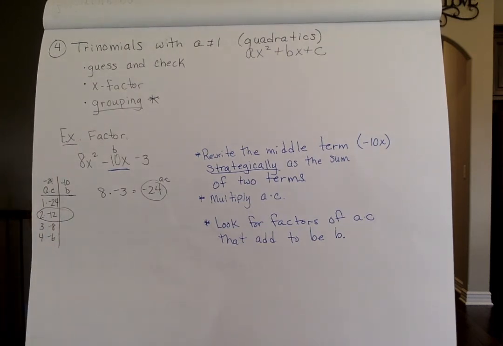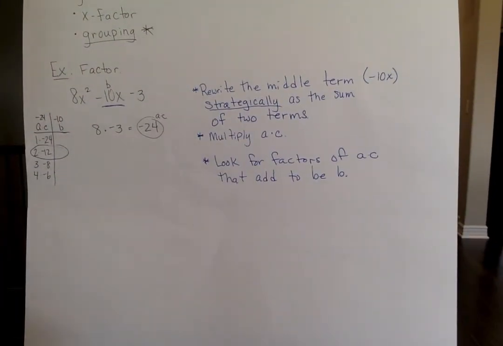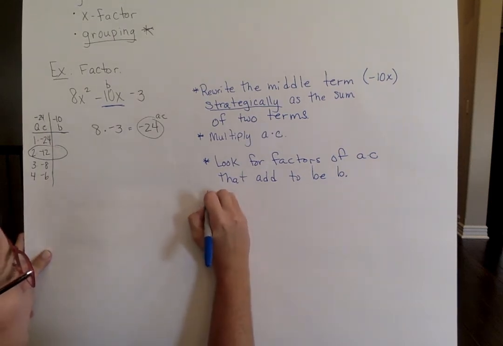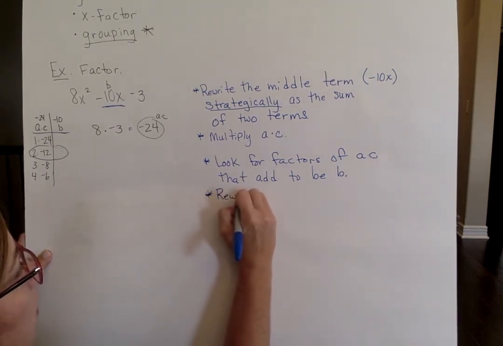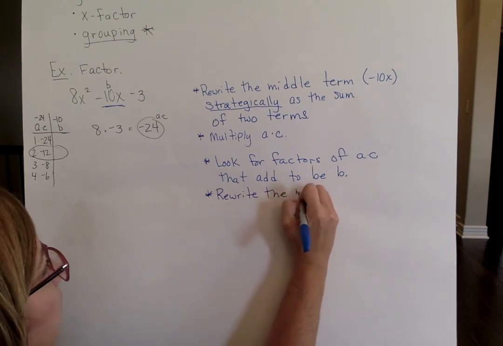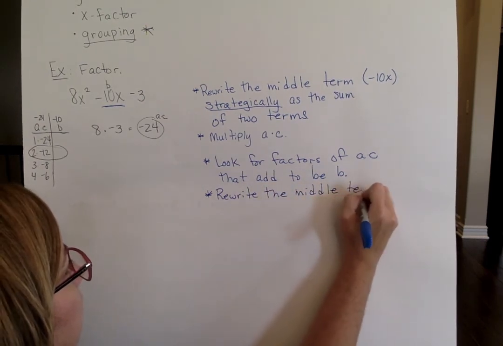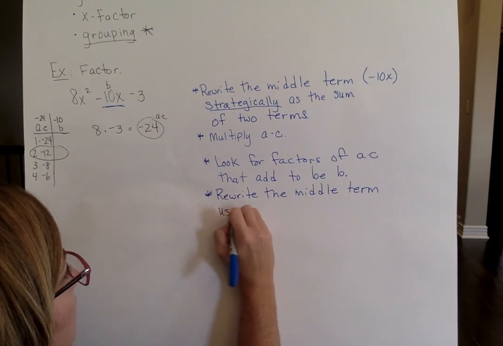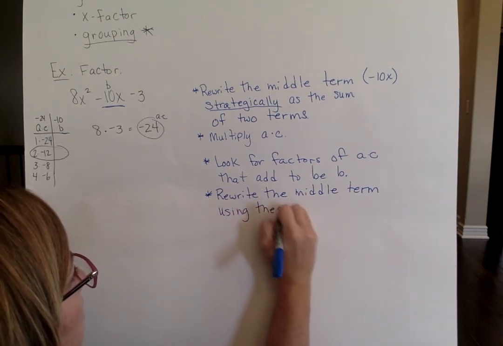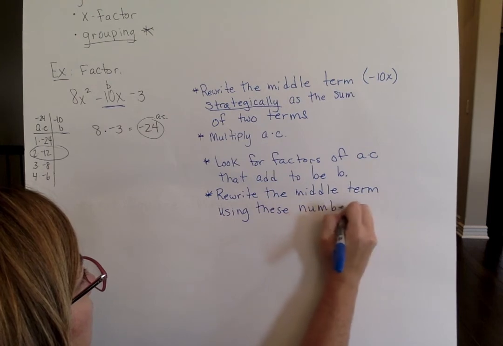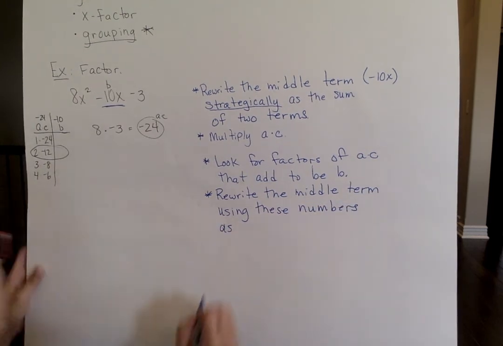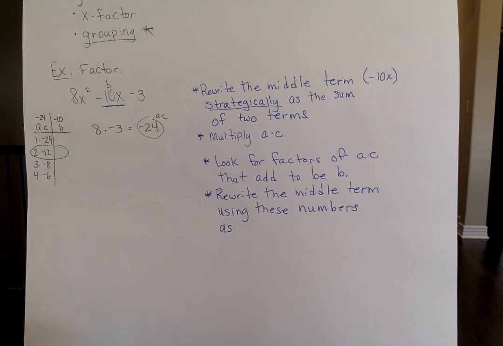Okay. Now, we're not using those numbers to factor this time. Okay. Now we're going to rewrite the middle term using these numbers as coefficients.